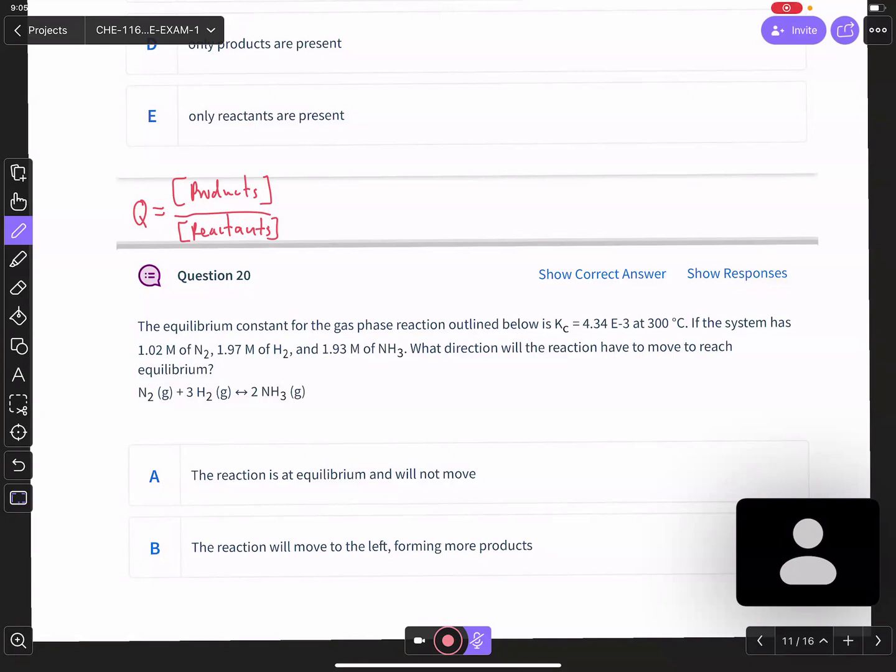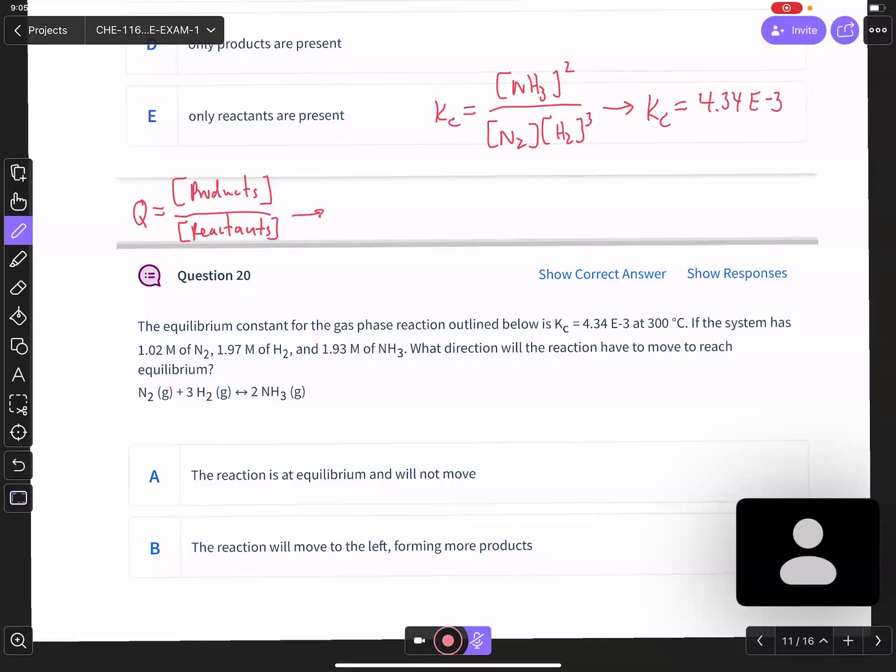Just like I would set up my equilibrium constant for this reaction, it would be the concentration of ammonia squared, all over the concentration of nitrogen times the concentration of hydrogen cubed. We don't need to do that because they already tell us the value. At equilibrium, the value is 4.34 e to the negative 3.